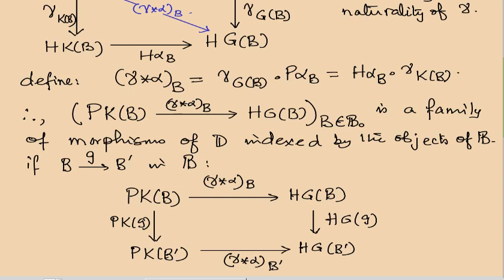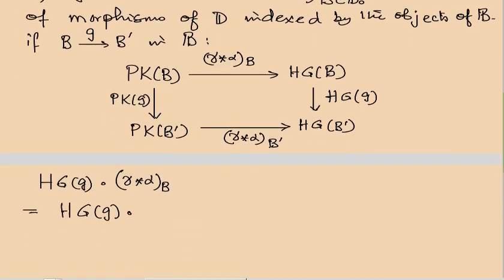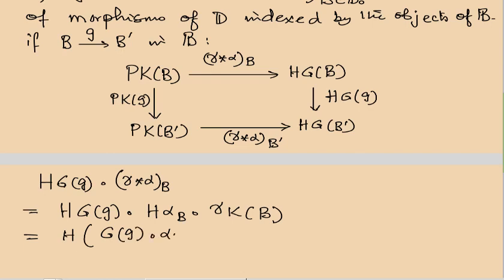That's the most reasonable now. So H of GG composed alpha B composed gamma KB.